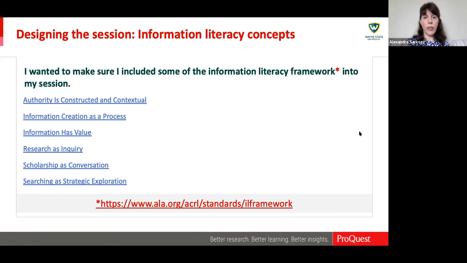And these are always concepts that I want to communicate to students. And what I found was that at an introductory level, just talking about some of the basics of digital humanities research methods really lend themselves to talking about these concepts.